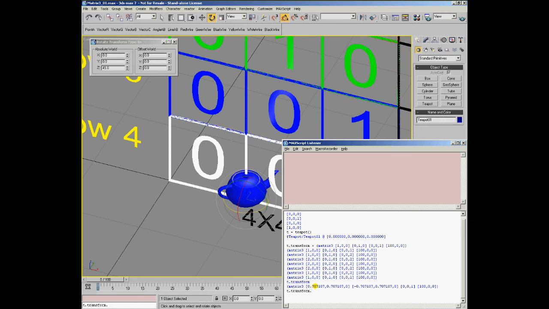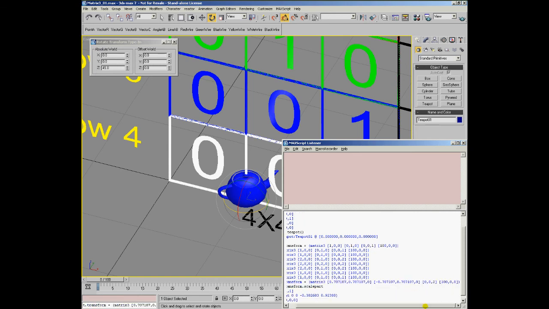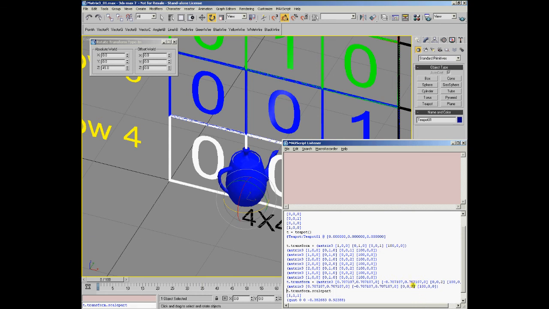We cannot assign to them, but we can read them and access the translation part, the rotation part, as a quaternion rotation, and the scale part, which in this case is 1, 1, 1. Obviously, if the transformation was different, scaled twice along the z, then the scale part would return 1, 1, 2.